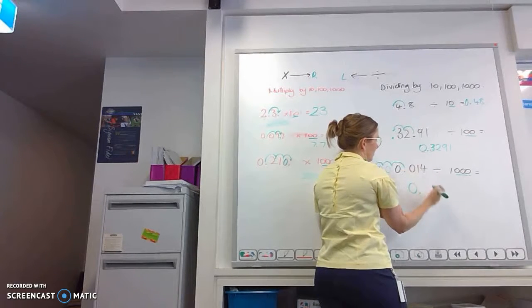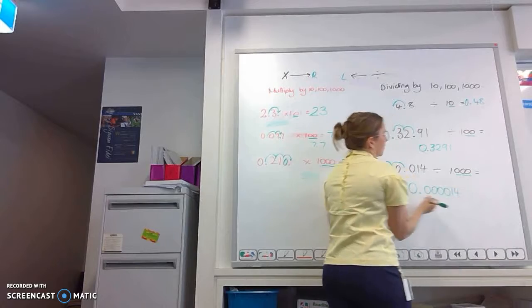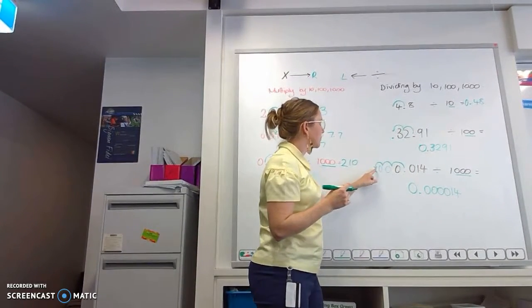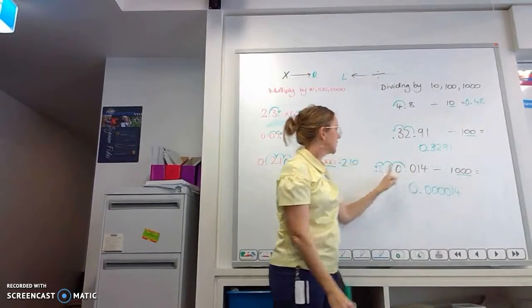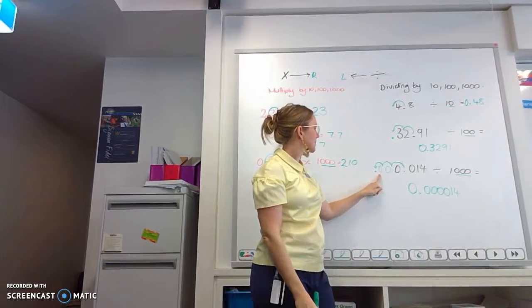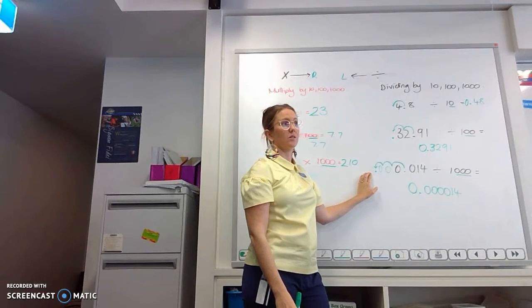It's not there anymore. So 1, 2, 3 places for my 3 zeros. Zeros under each of the umbrella looking parts. And a 0 out the front because there's nothing there and it's less than 1.